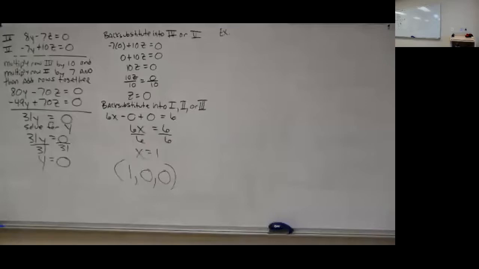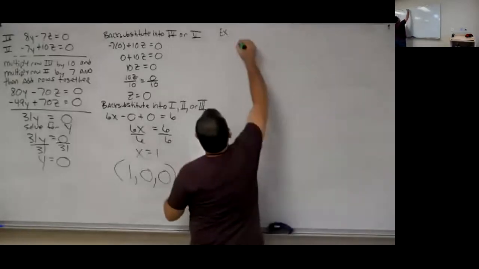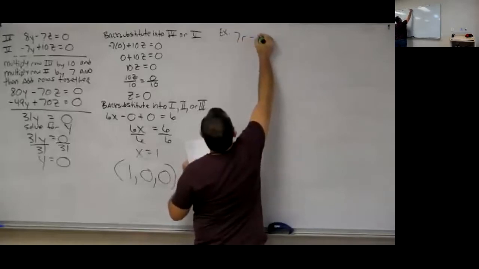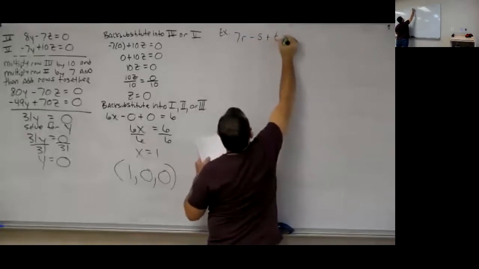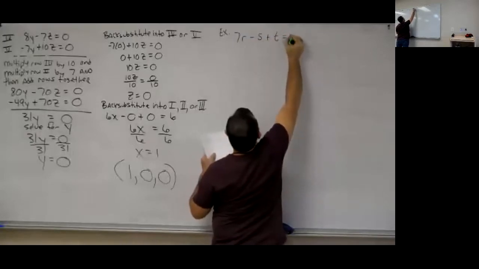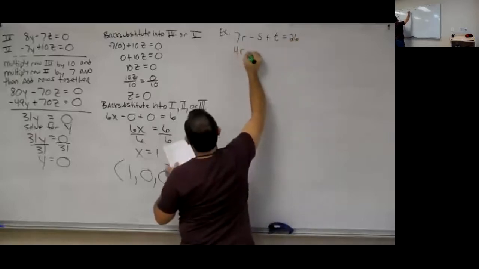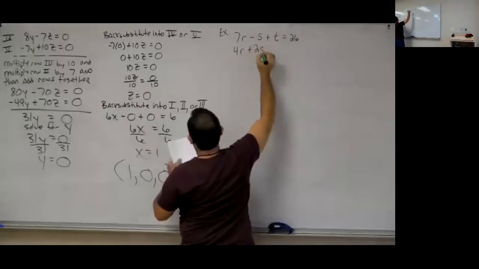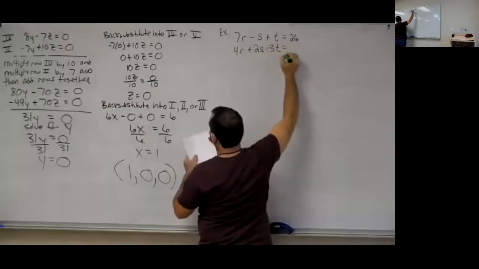All right, I got time to turn it on up on this one. All right, y'all. 7R minus S plus T equals 26. 4R plus 2S minus 3T is going to equal 18.